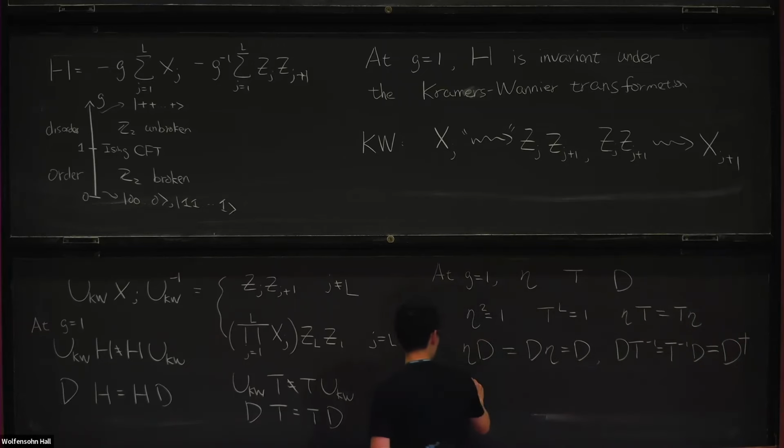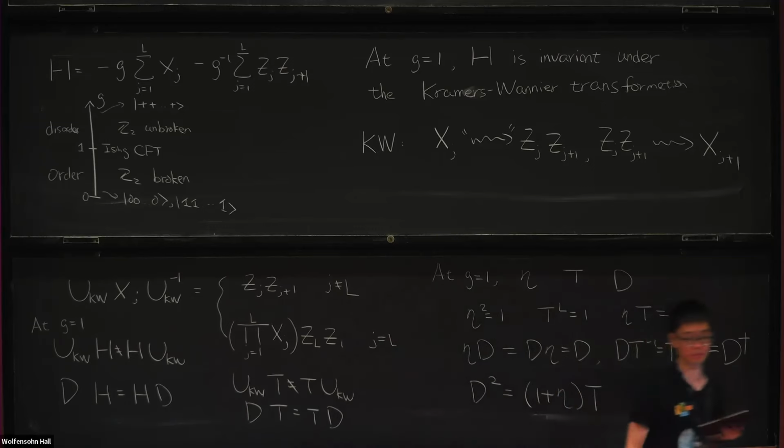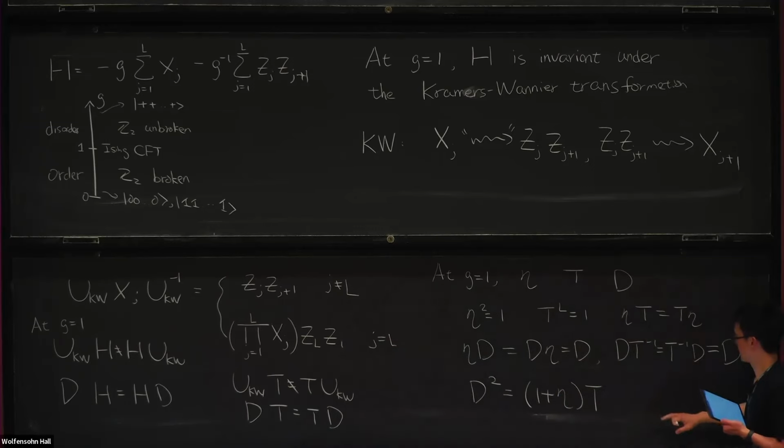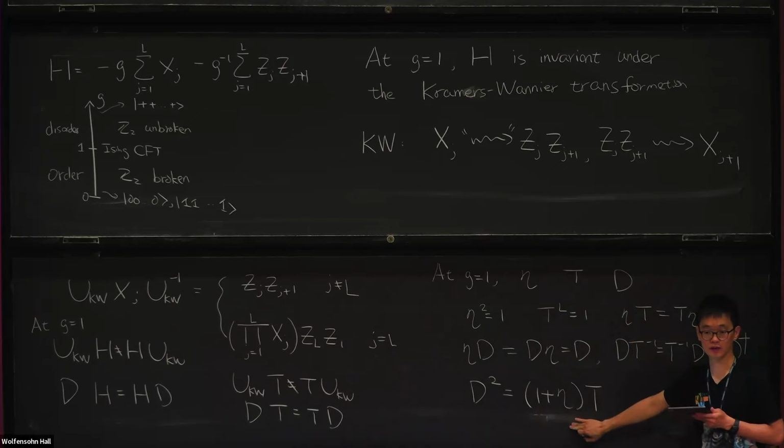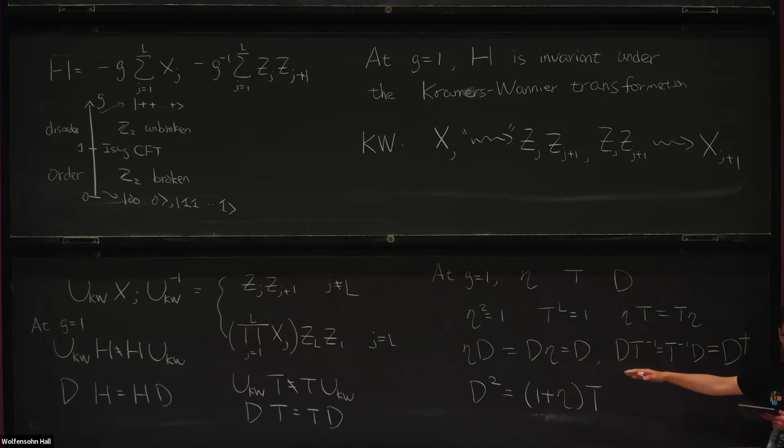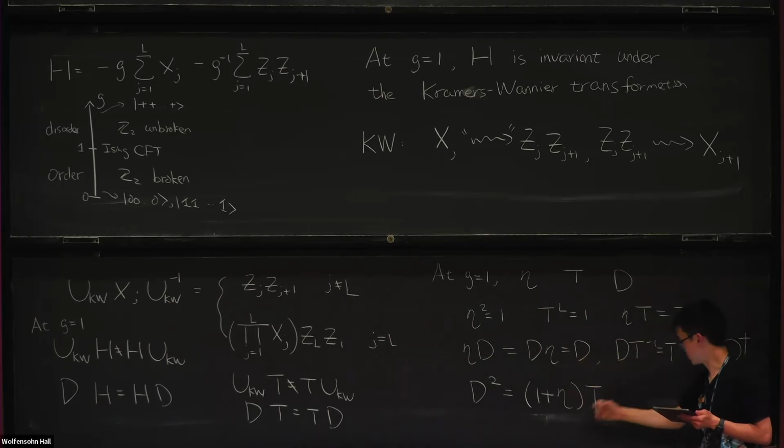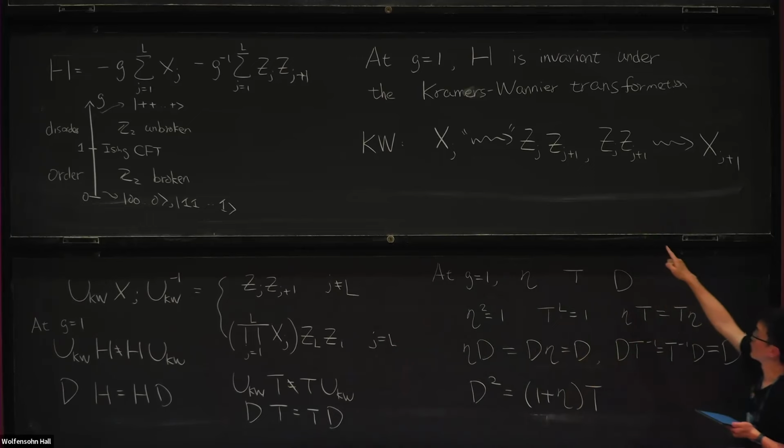And finally, the most interesting equation is probably D squared. That gives you 1 plus eta times T. This is not supposed to be obvious at this point. The 1 plus eta factor should be obvious because that just comes from the projection. But you will also find the lattice translation factor. And this is consistent with the intuitive picture here. When you do Kramers-Wannier once, you map an operator on the site to some operator on the links.